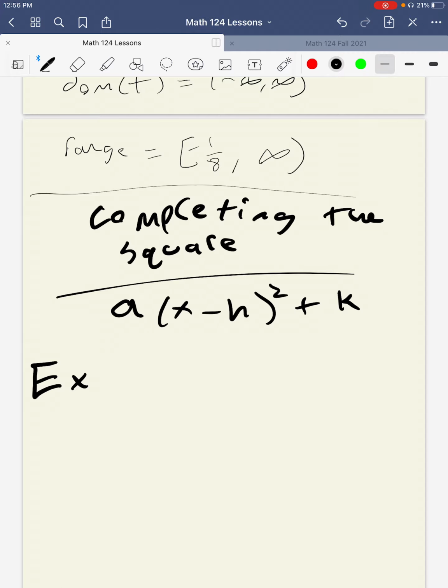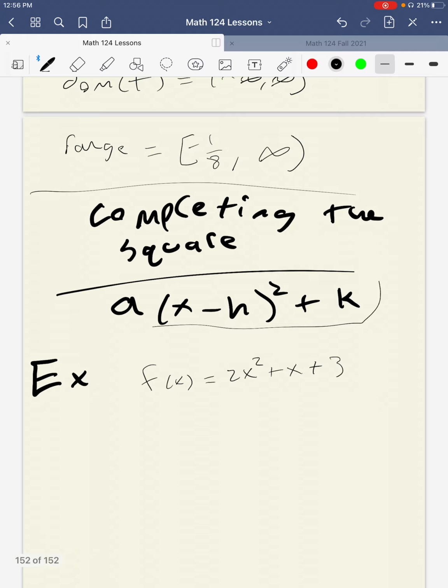So let's start with, I don't know, a function like, say f of x is 2x squared plus x plus 3. Okay, if we wish to write it in this form here, the first step is we need to factor out any number being multiplied to the squared term.